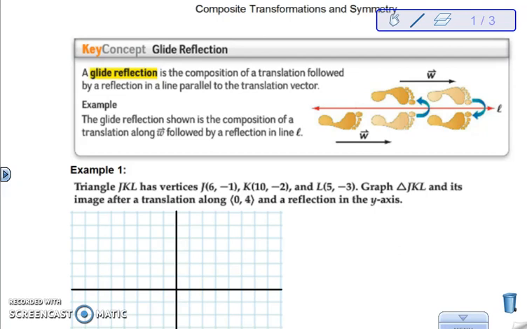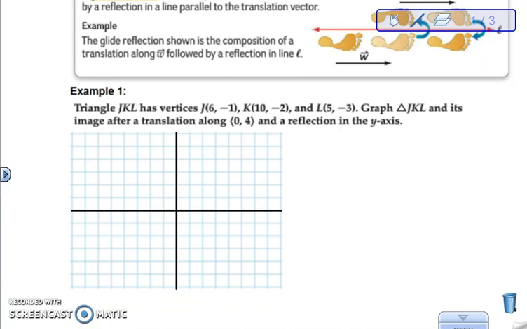To perform a composite transformation, you're basically just going to perform two transformations on the same figure, one after the other. So basically our image is going to be sort of a third figure on the page.